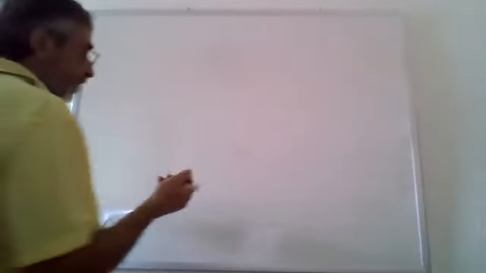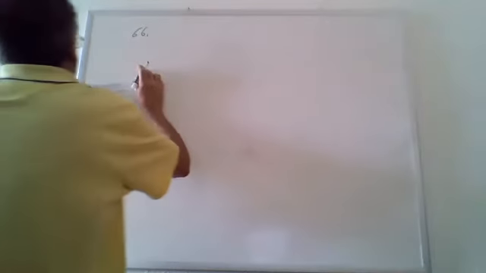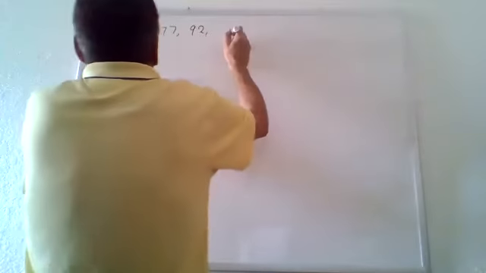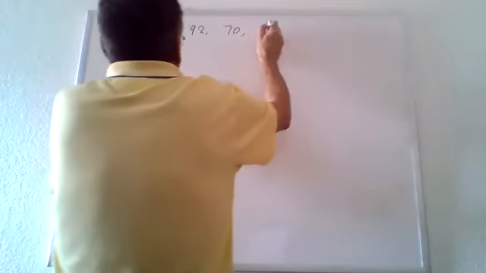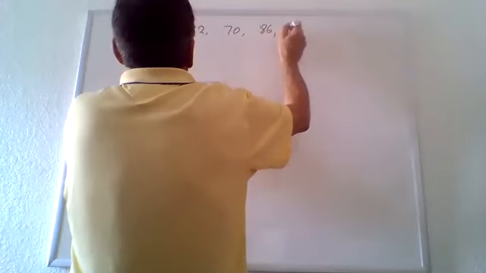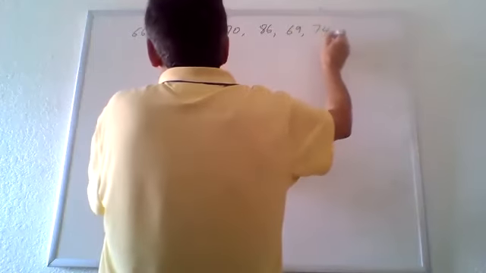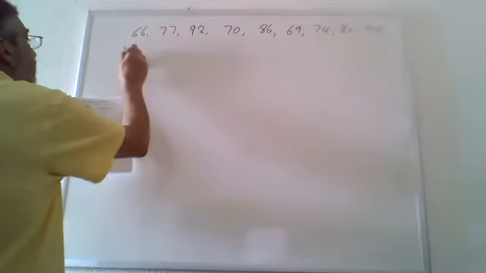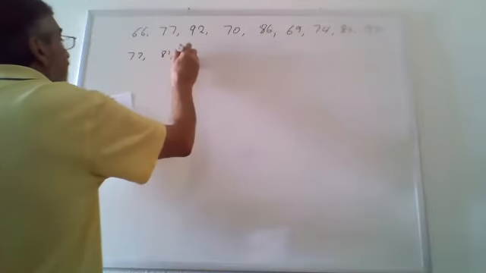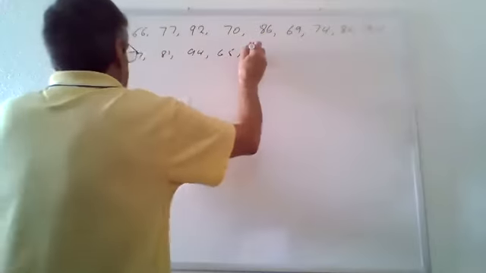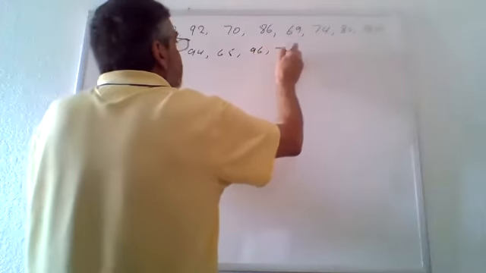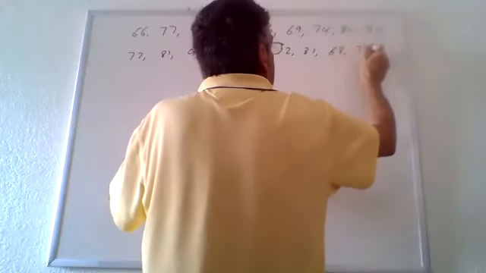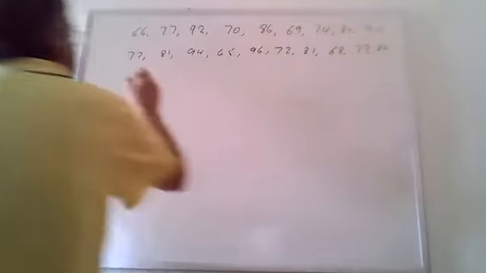Okay, so the scores are 66, 77, 92, 70, 86, and then 69, 74, 80, 94, 72, 81, 94, 65, 96, 72, 87, 68, 77, 84, and then 90.